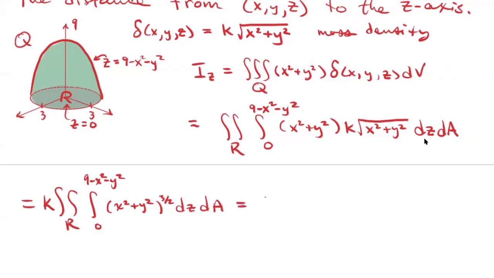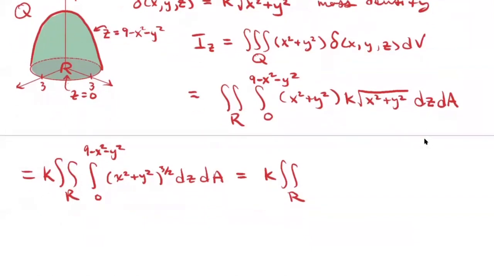So we can just do one more step, write a double integral over R. Now I'm going to go ahead and take an antiderivative with respect to z. So you're just going to have an x squared plus y squared to the 3/2, like that. And then times z. But z is going to go from 0 to 9 minus x squared minus y squared, like that. And then it'll be dA.